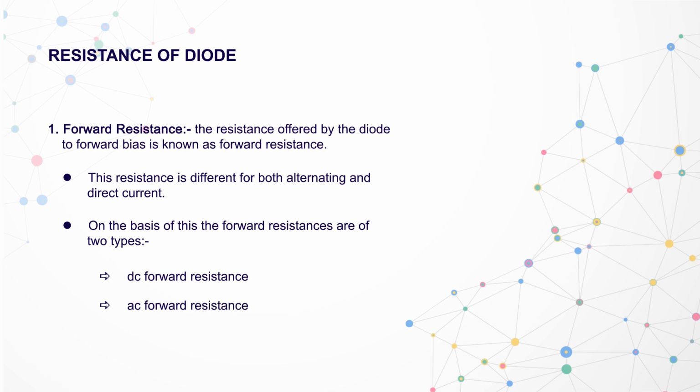So, when the diode is working in the forward bias condition, it is offering a resistance which is called forward resistance, and this forward resistance is of two types, DC forward resistance and AC forward resistance, and this type comes on the basis of the signals, that is direct current or alternating current.